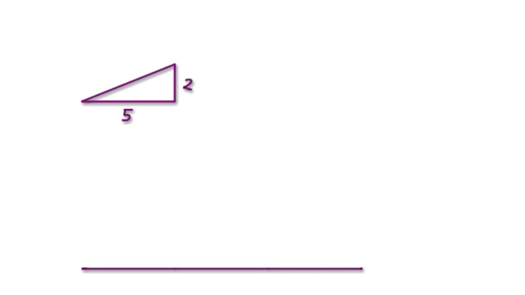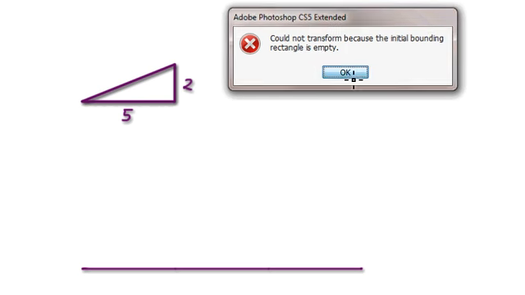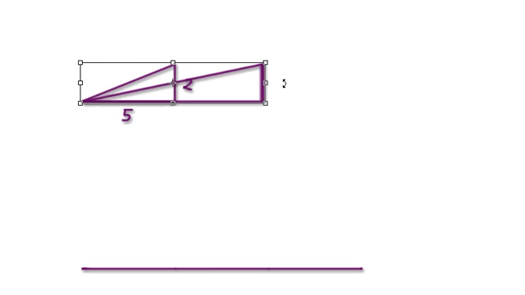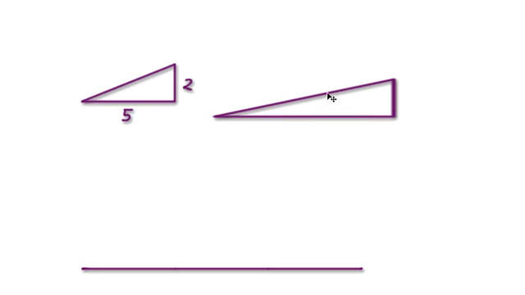Let me go back to my original one. This is our original triangle here. Now, if I were to stretch this here, this new triangle is not similar to this one.